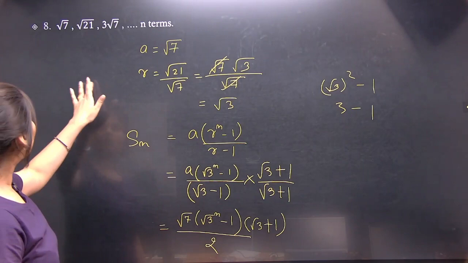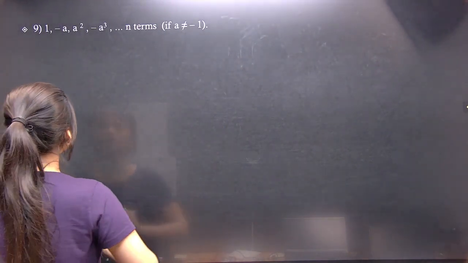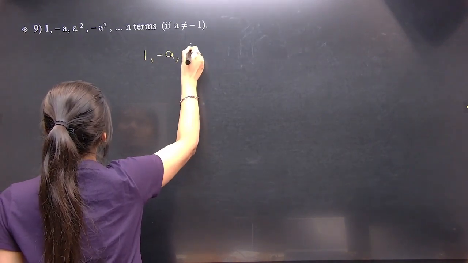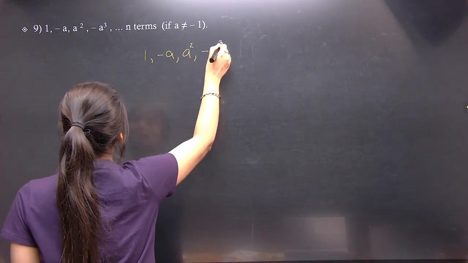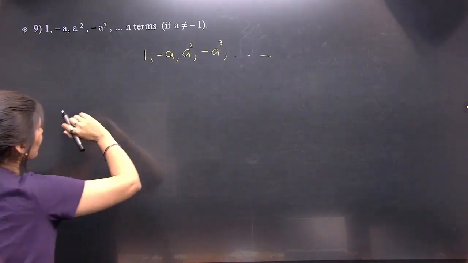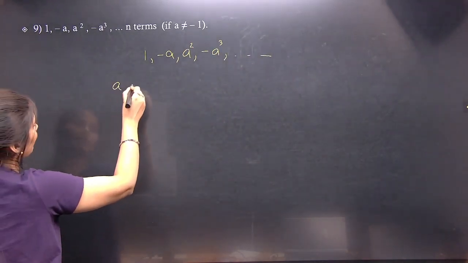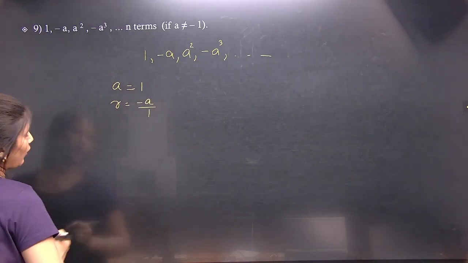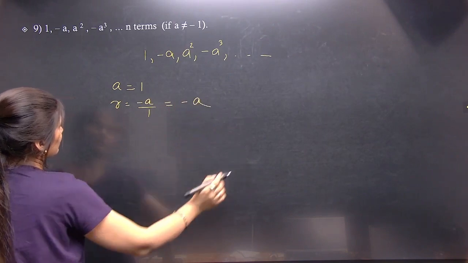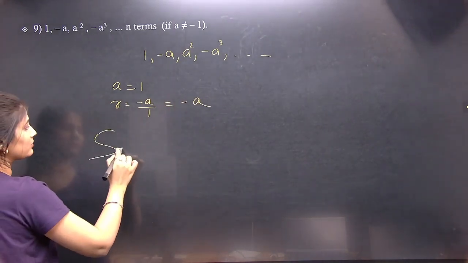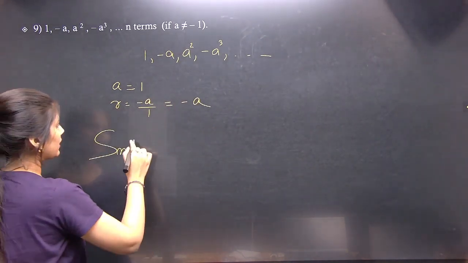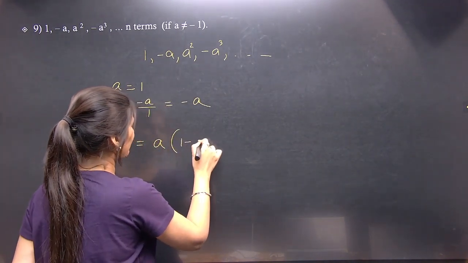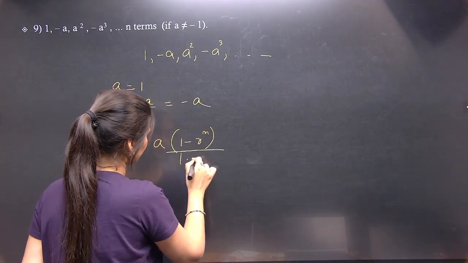It is very easy. In the next question, question number 9, it says 1, minus a, a square, minus a cube, and so on. Now a is 1 and the common ratio is minus a by 1, or you can say minus a. For finding the sum of n terms, since it is negative, we should use a(1 minus r^n) by 1 minus r.